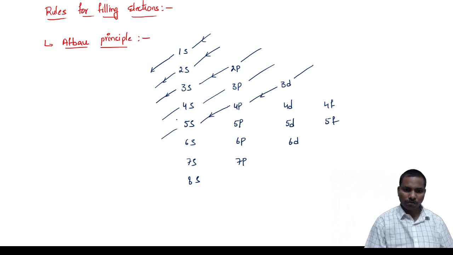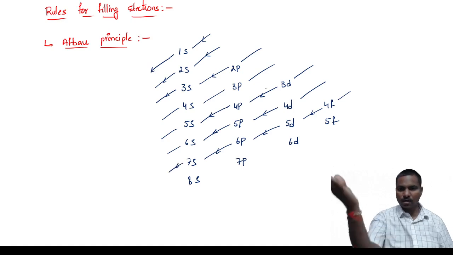After 5s, it enters 4d, and then 5p, and then 6s. After 6s, it enters 4f, 5d, 6p, and 7s in the cross manner.